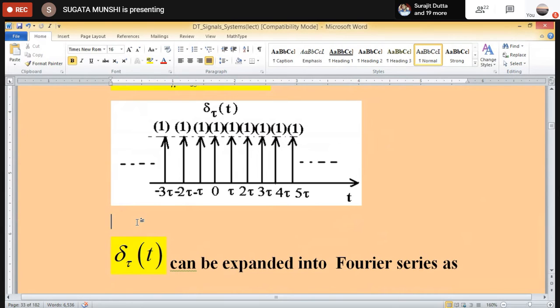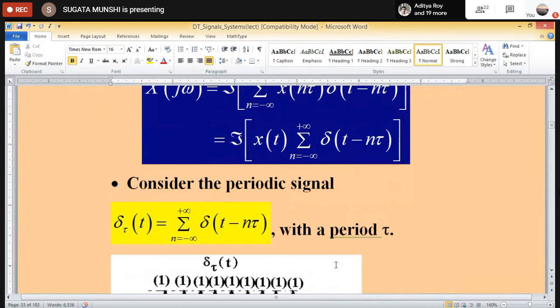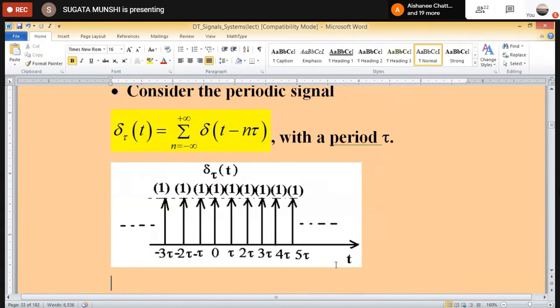Once we get the Fourier series expression for delta tau(t), I will insert it in this place. This summation will be replaced by the Fourier series expression of delta tau. Then we will have a very convenient form of expression for X hat(j omega) to deal with.